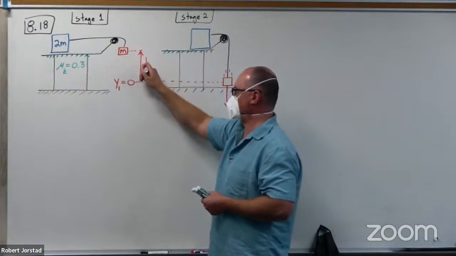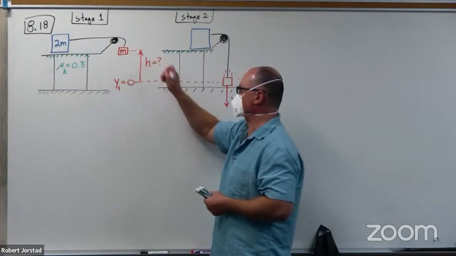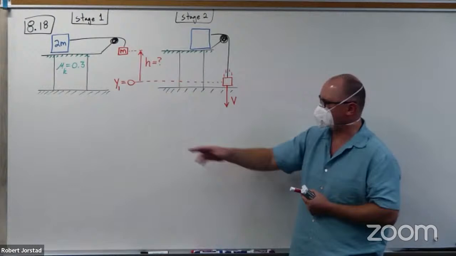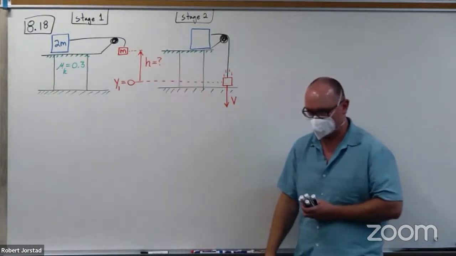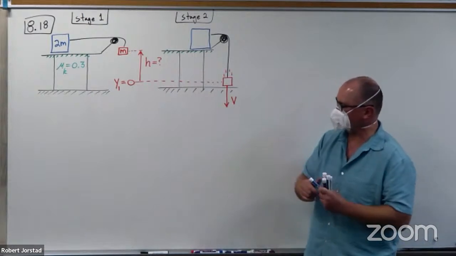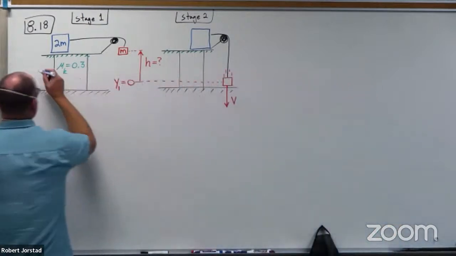This is going to be some height above the ground, and I think that's what we're looking for. I don't know the height, but I do know this, so I'm going to try and figure out the height. Now I'm going to set a separate reference level for number 2.